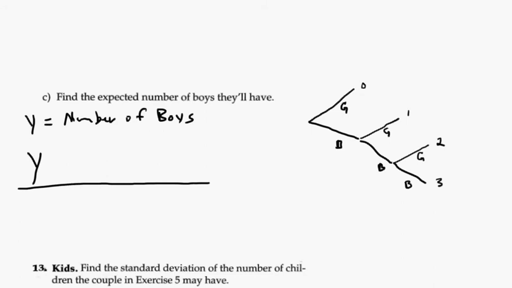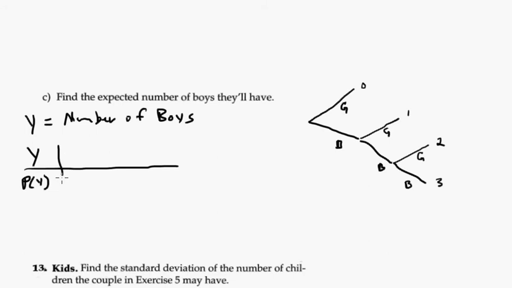Start again. Y and P of y. So the outcomes are going to be 0, 1, 2, or 3. So the probability of getting 0, that's 0.5.